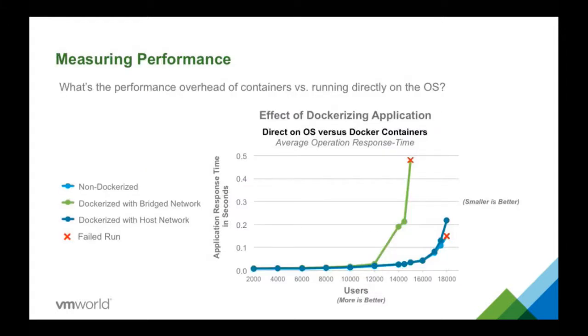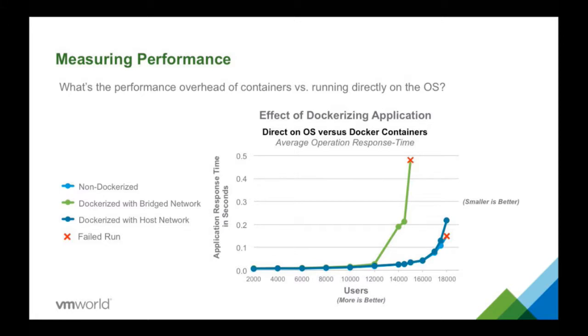So this is the example of some various runs that were done based on a non-Dockerized versus a couple of Dockerized options for that auction application. What this shows you is how sometimes the performance may not be what you ultimately expect.